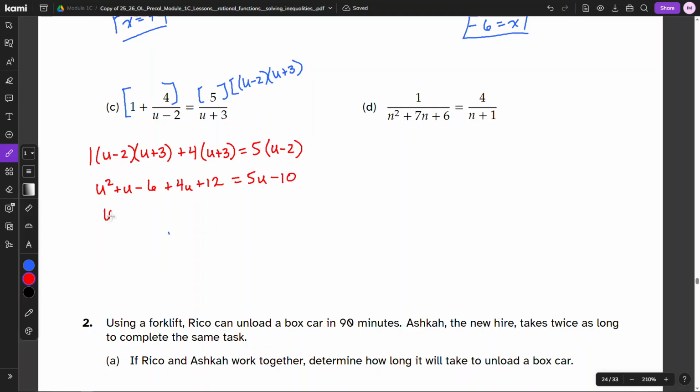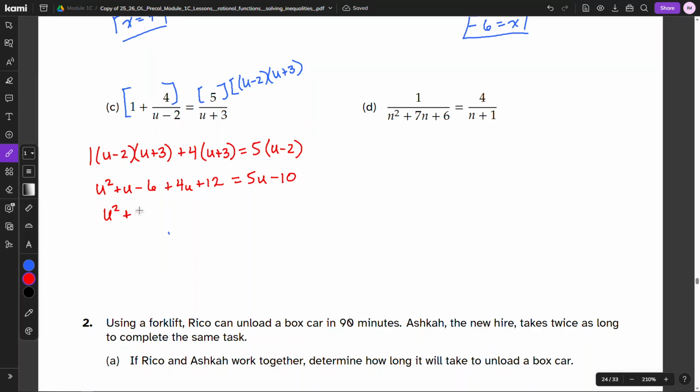All right, so u squared plus u, that's 5u minus 5u, so that's going to be 0. Minus 6 plus 12, that's going to be 6, plus another 10, that's going to be 16.